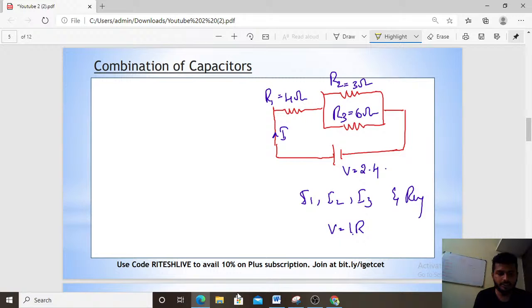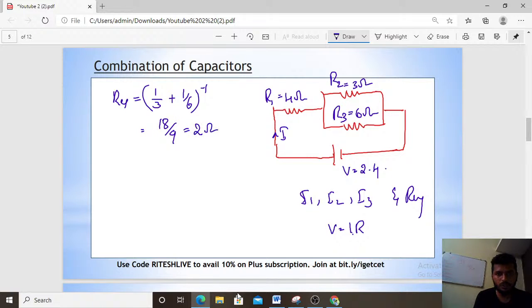So what is the combination result for R2 and R3? When they are in parallel, I have to write R equivalent is equal to 1 by 3 plus 1 by 6 whole inverse. Or else you can directly write multiplication over addition, that is 18 divided by addition is 9. So I get R equivalent as 2 ohms here.